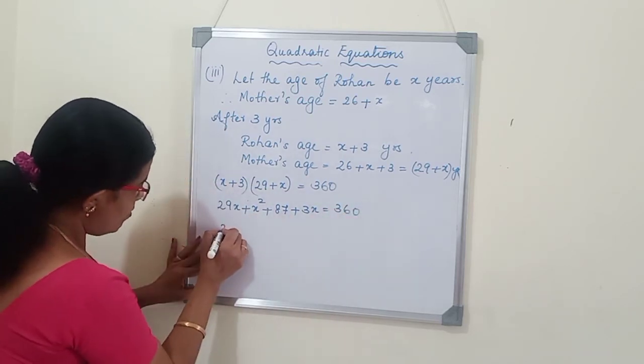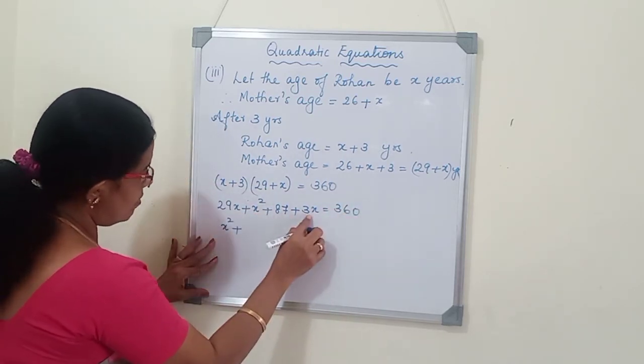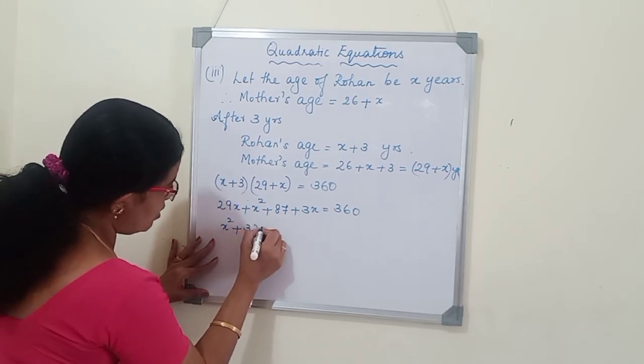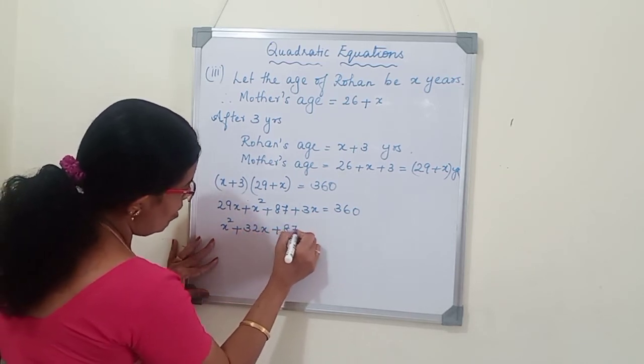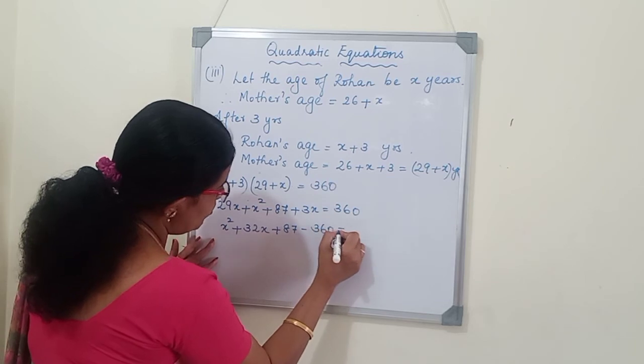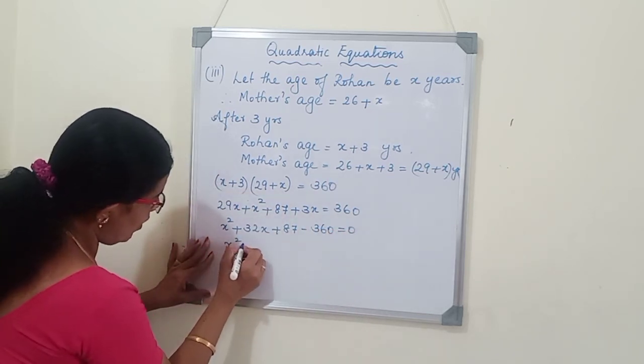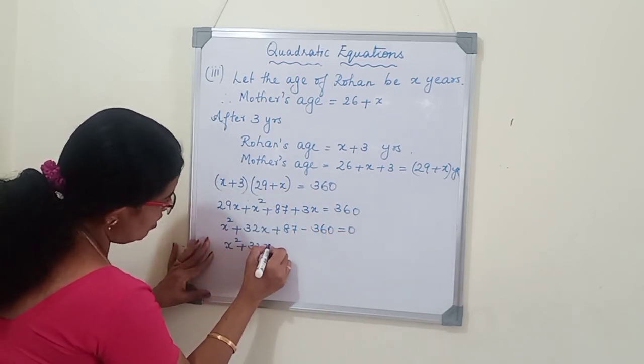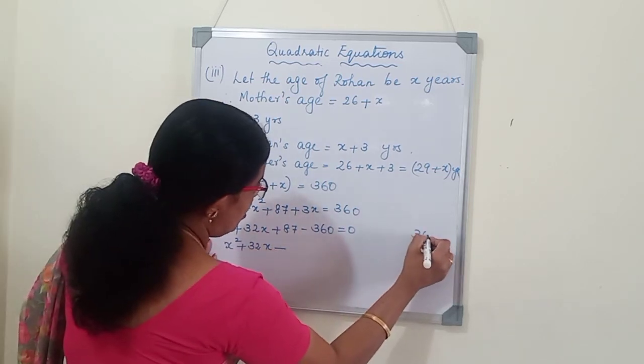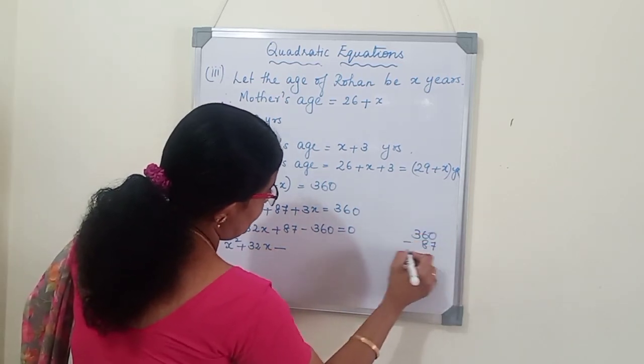Now x square plus 29x plus 3x, 32x, plus 87 minus 360 is equal to 0. So x square plus 32x minus 360 plus 87.